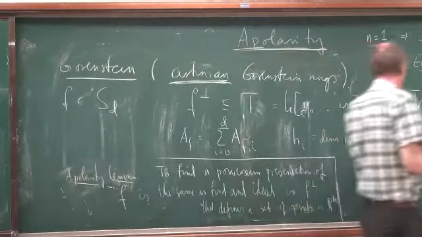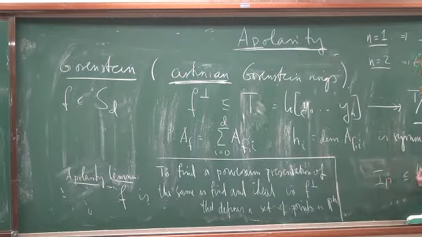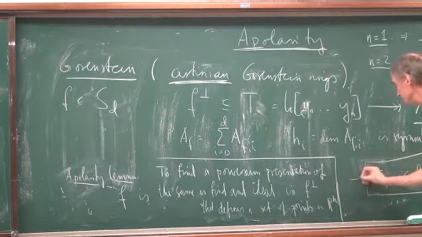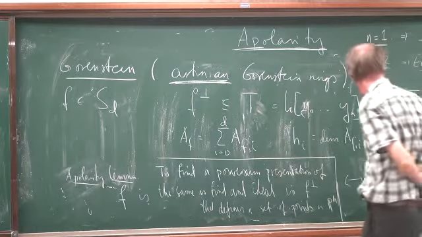So what I'm expressing there is the ideal of gamma inside F orthogonal, where gamma is a set of points in Pn, I'm sorry.